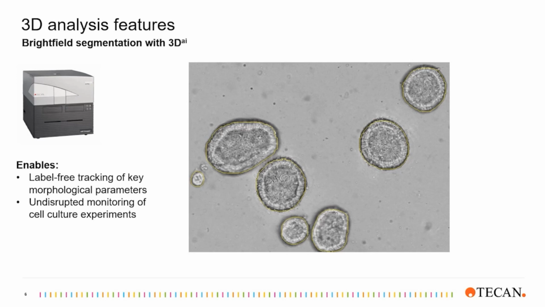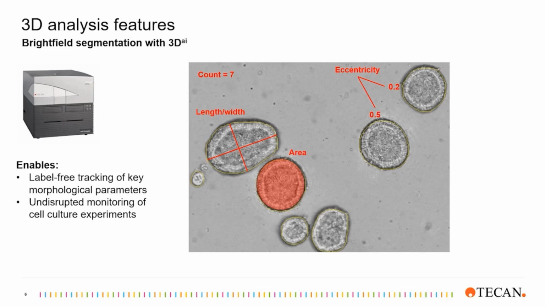Based on that mask, a set of key parameters is calculated that will give the scientist an understanding of the quality and developmental stage of the objects. These parameters are count, length and width, the area of the object, and eccentricity, which is a measure for circularity.